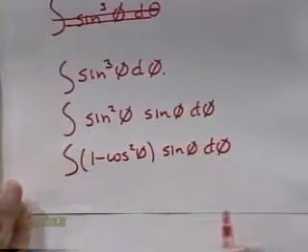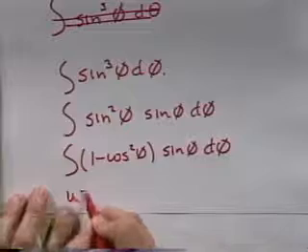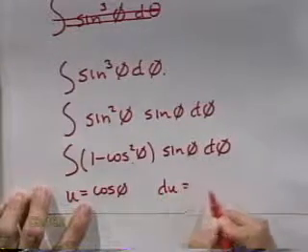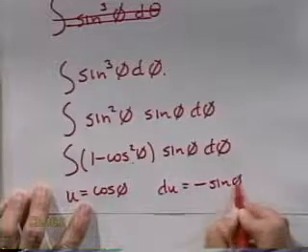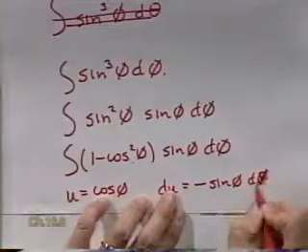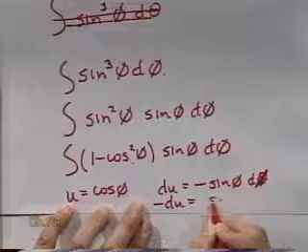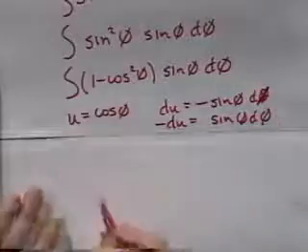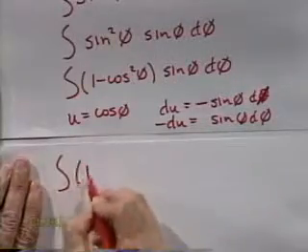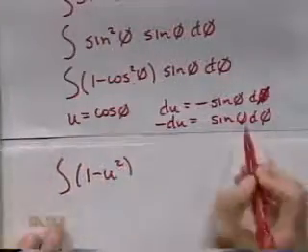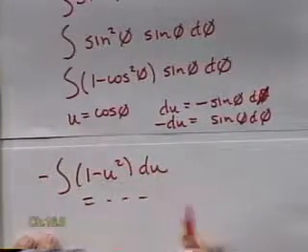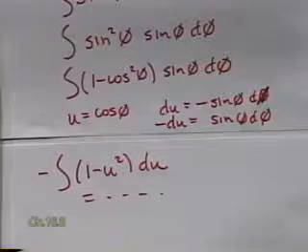Then u is going to be cosine phi, and du is going to be minus sine phi d phi, so minus du is sine phi d phi. So this integral becomes 1 minus u squared, and for sine phi d phi we put in minus du. You can continue from there.